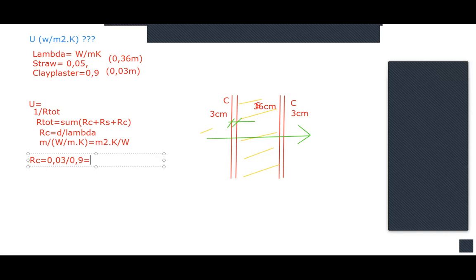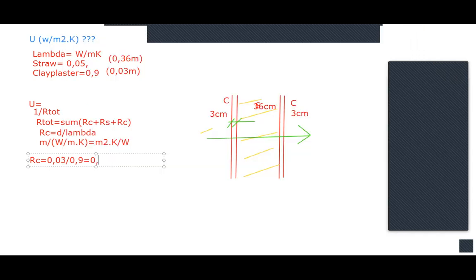So somebody can tell me a number. 0.0333, periodical 0.333. It's very low thermal resistance, not a big effect on total resistance, but the second is much more important.